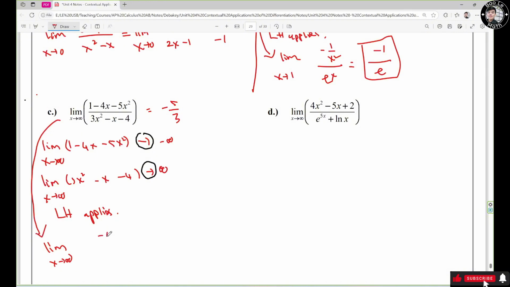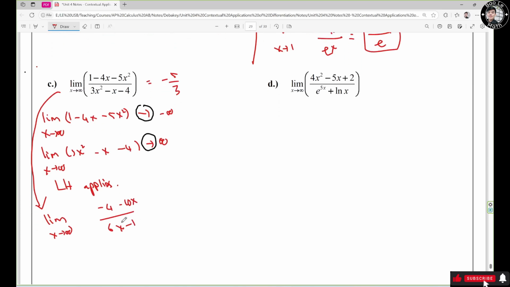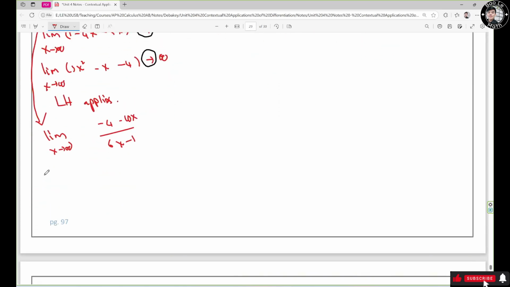It's going to be negative 4 minus 10s over 6s minus 1, right? Now I'm going to do exactly the same thing, right? So the limit of negative 4 minus 10s when s approaches infinity is going to be negative infinity, and the limit of 6s minus 1 when s approaches infinity is going to be infinity, right?